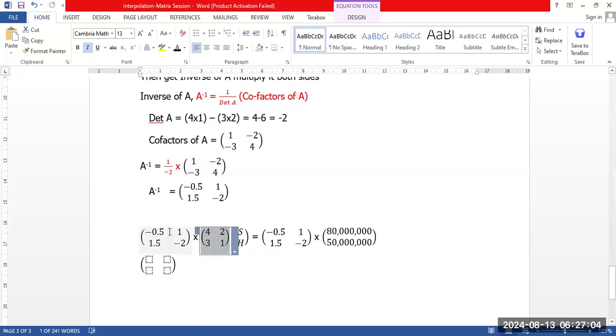This is your first row. You get row times column. Then we multiply the first row by the first column.